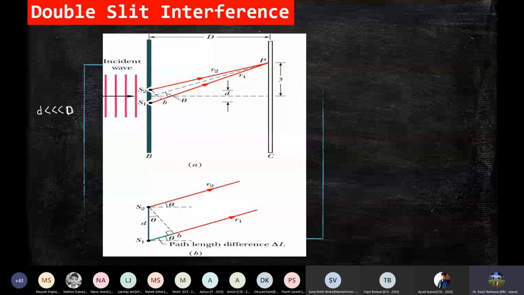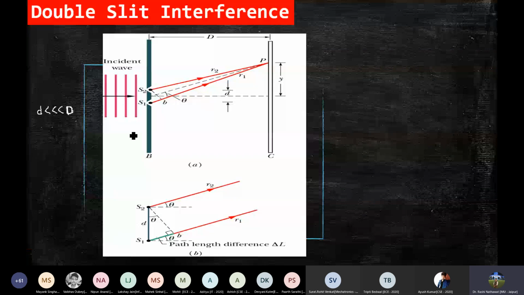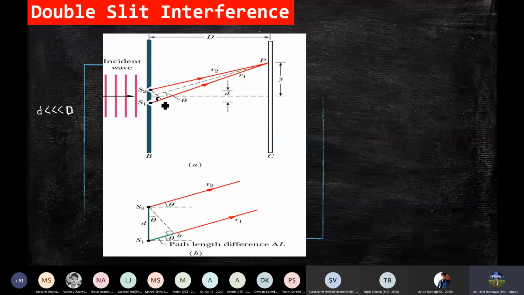And here a perpendicular is drawn from S2 to B. I should take a different color here. This is the perpendicular from S2 to B. We want to calculate S1B here, which is the path difference.